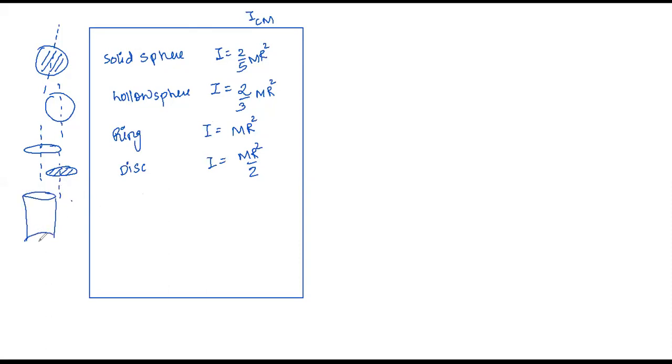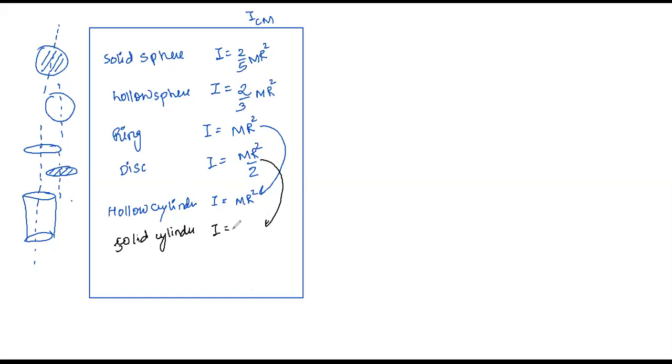If I draw a hollow cylinder like this, it will have the same moment of inertia as a ring. Similarly, a solid cylinder will have the same moment of inertia as the disc, that is MR square by 2. Now is it clear, Atul?